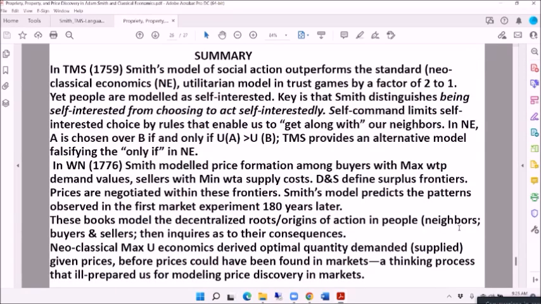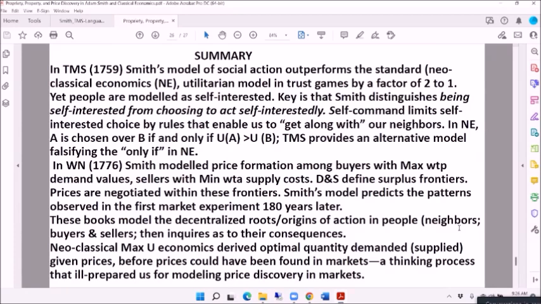Okay, the Smith model of social action outperforms standard neoclassical economic utilitarian models by a factor of 2 to 1. That's in the trust game, and I'm thinking here of the second mover. Yet people are modeled as self-interested.